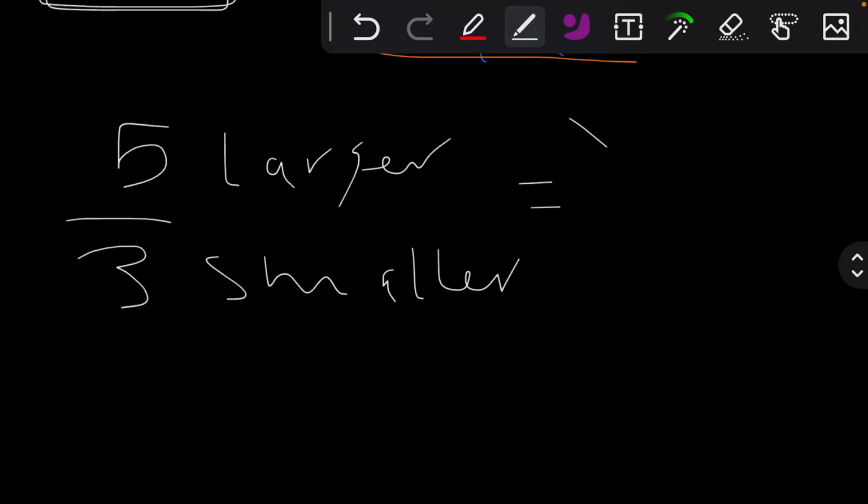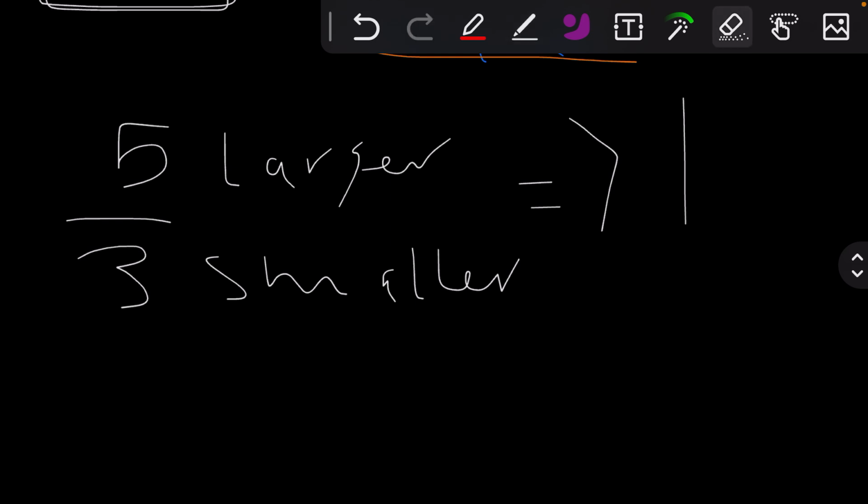But if the number on bottom is smaller than the number on top, then if we put the fraction on the number line, it's going to be larger than 1. For the example we just did, it should have been facing this way.